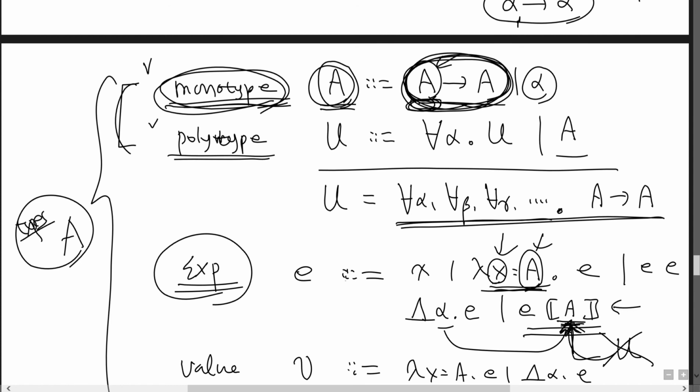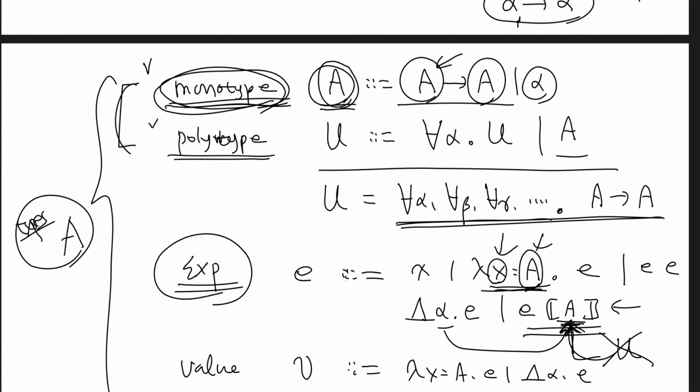This is A, not U. So in the definition of a function type, the argument must be of monotype, and the return type must be also monotype. So in other words, lambda abstractions here cannot take a polymorphic argument.